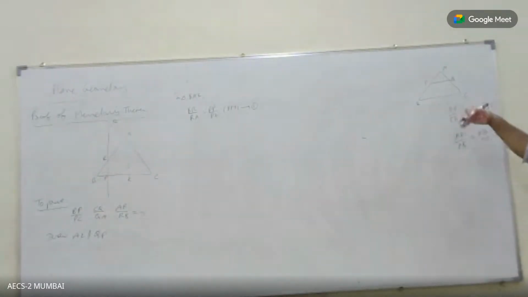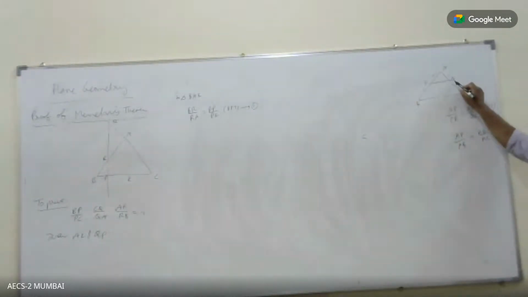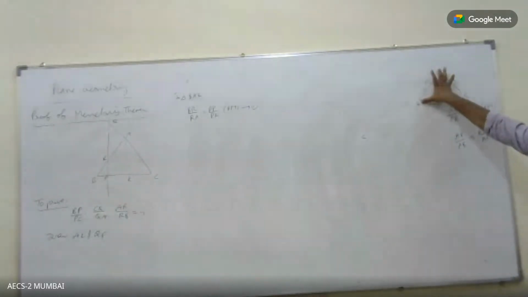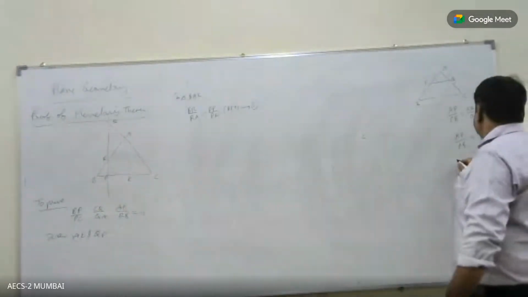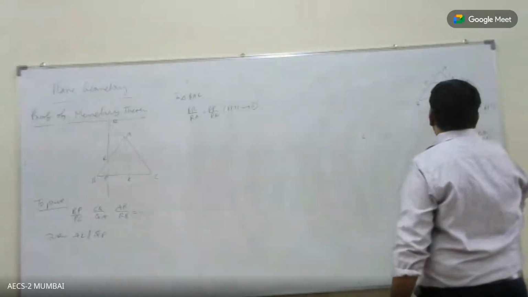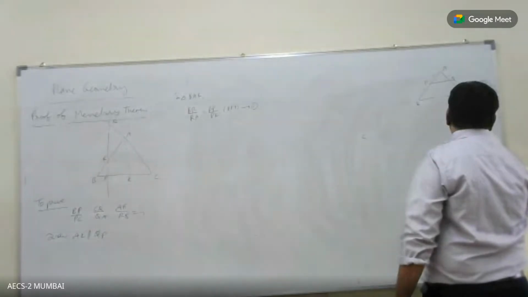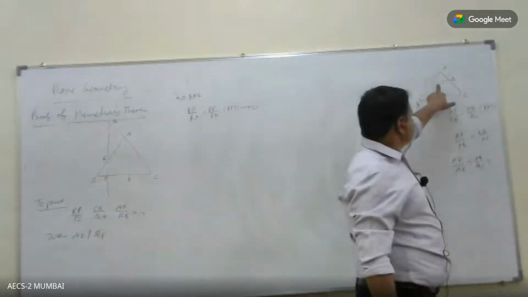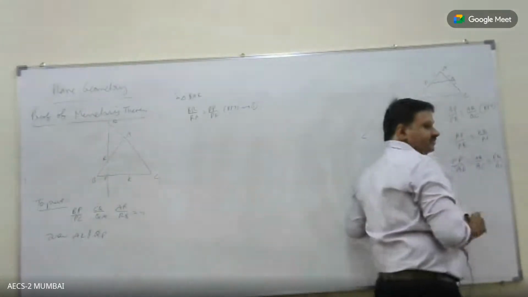This is a result that follows from this. BPT is this by this equal to this by this. The corollary I am speaking of is this by total equal to this by total. There is one more. What is that? AP by AB equal to AQ by AC equal to even this by this, PQ by BC.